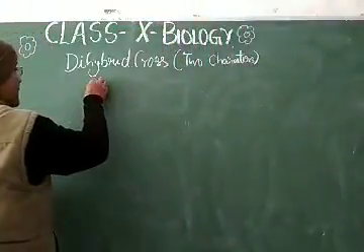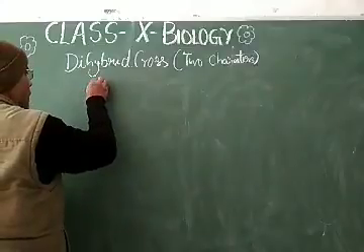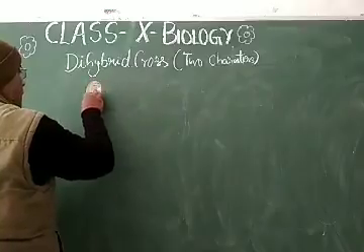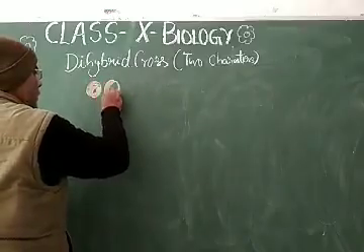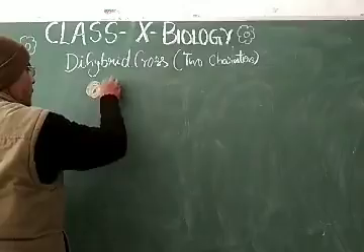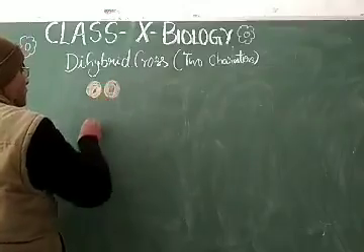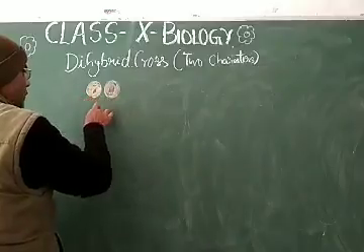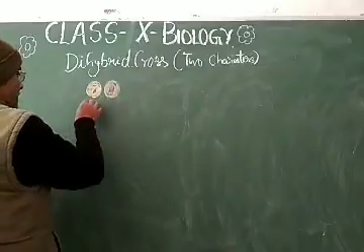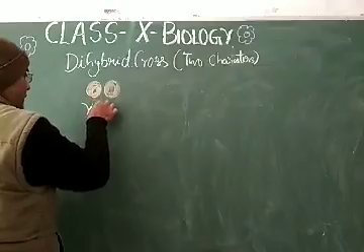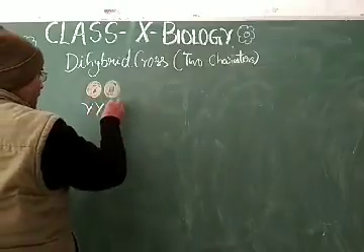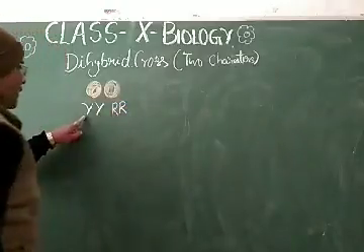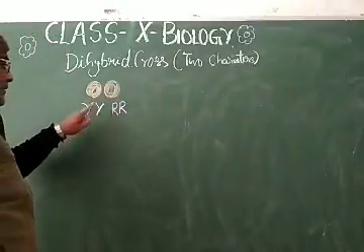Suppose this is the seed color, yellow. Yellow and round get expressed as capital Y and capital R. This is for yellow and this is for round.